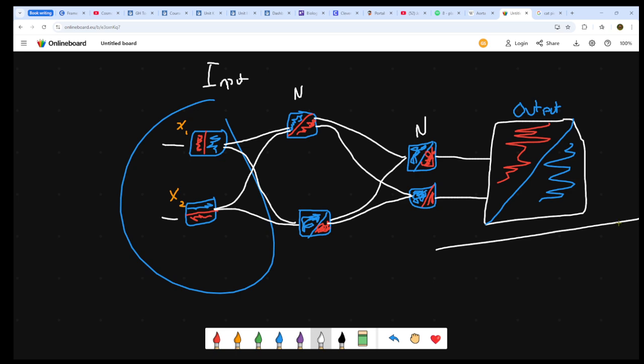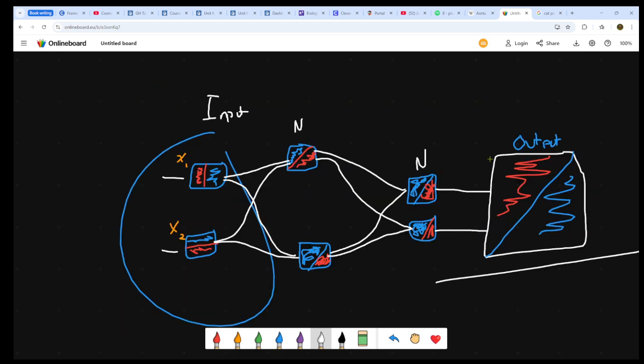Now that's the very simple way of representing what neural networks are, right? Now neural networks and machine learning specifically are much more complex. You just have to think of this probably times millions and millions of times, right? But we don't see that.